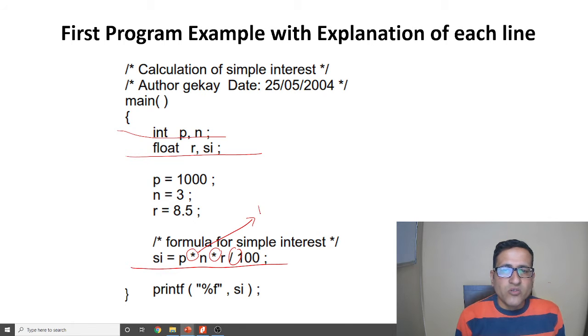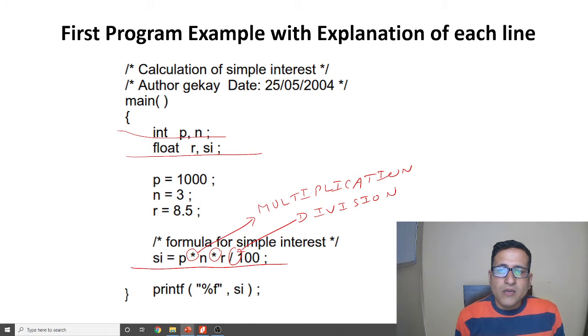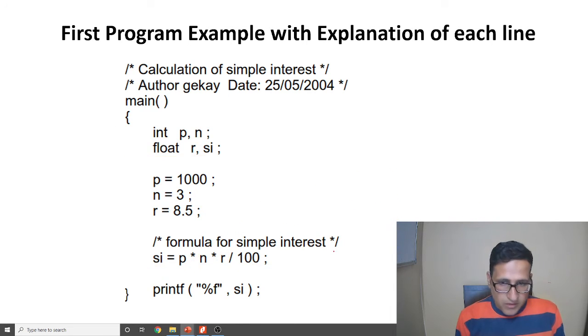This symbol is used for multiplication and this symbol is used for division. Likewise in C we have an addition operator and a subtraction operator. For addition we use the plus sign, for subtraction we use the minus sign.